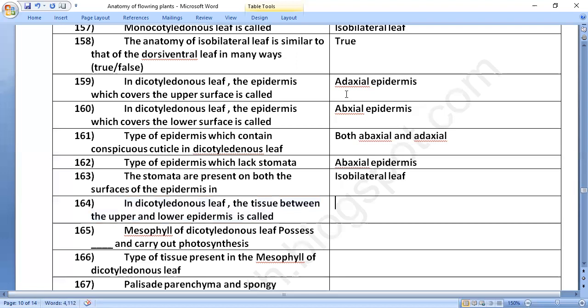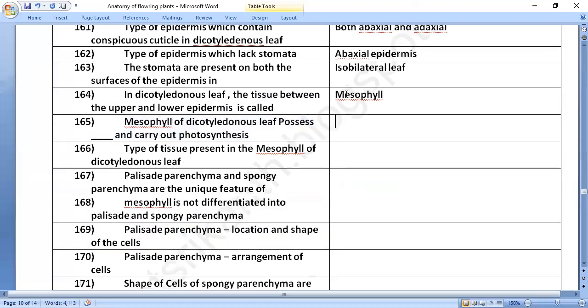In dicotyledonous leaf, the tissue between the upper and lower epidermis is called mesophyll. Mesophyll possesses chloroplasts and carries out photosynthesis. The tissue present is parenchyma.